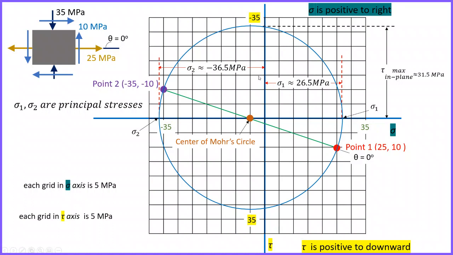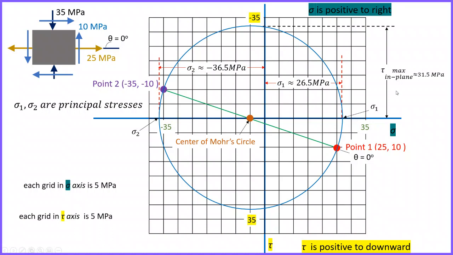and to measure this we need to find the distance between this intersect point and the origin, and that is minus 36.5. Also this circle intersects the tau axis at 2 different points, one position here, the other here.